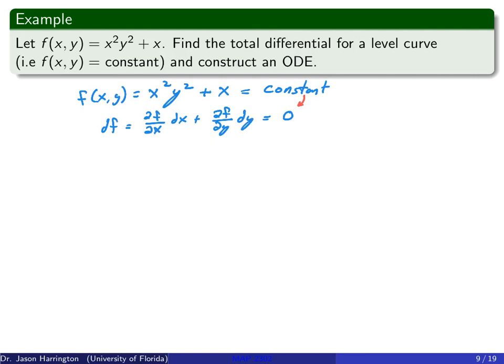Now we just have to figure out what these pieces are. So here I'm going to start with f, the multivariate function, and take the partial derivative with respect to x. Because some of you may not have had multivariate calculus, a partial derivative just means that I take x as the variable, and everything else is treated like a constant.